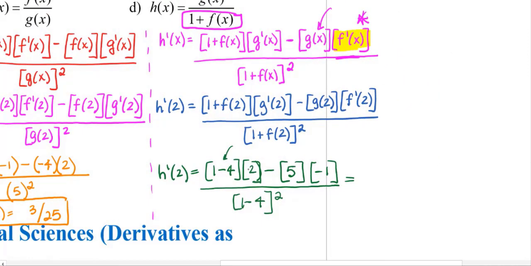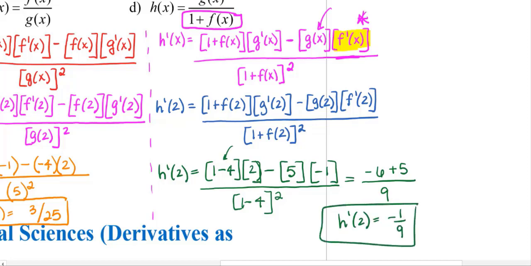So this is negative 3 times 2, so negative 6 plus 5 all over 9. So it should be h prime of 2 equals negative 1/9.